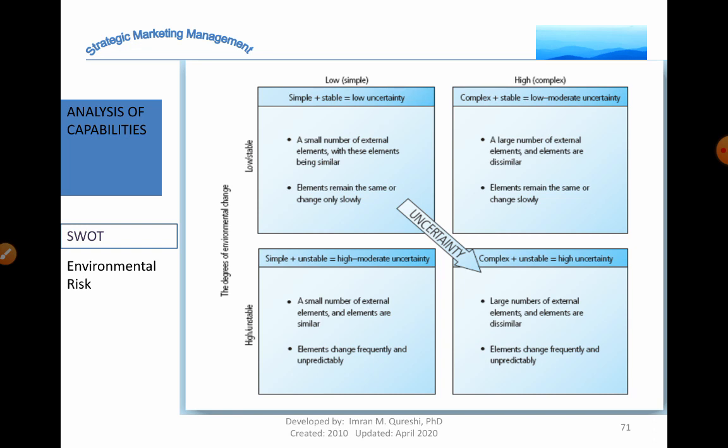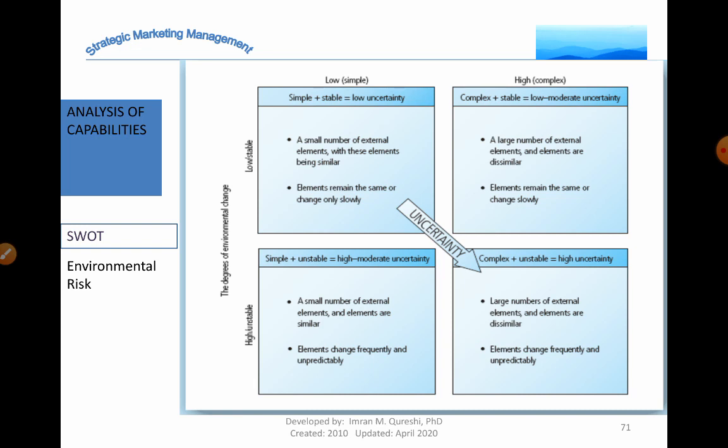Now, before we get into that, based on the PEST analysis that has already been talked about in the previous lectures, we are now looking at what is the concept of risk. When we talk about the environmental risk, how complex is the environment and what sort of risks and uncertainty do we have in that environment.